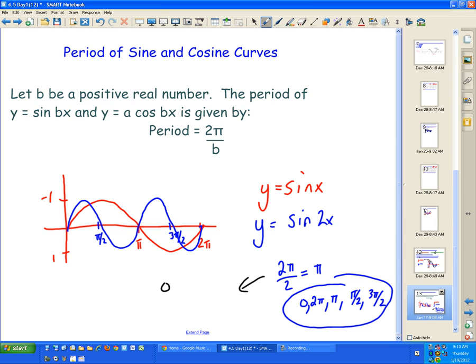The middle would be halfway between them at pi over 2. And then we want 2 values on either side of those, so we'd have something like pi over 4 and 3 pi over 4. So those would be our 5 points if we were going to sketch a graph of this. So when the period changes, we end up changing the values we're going to use to get our max and mins and our intercepts on our sketch.